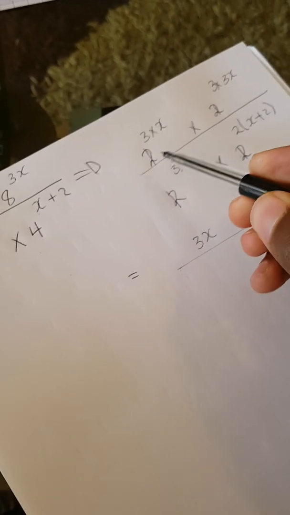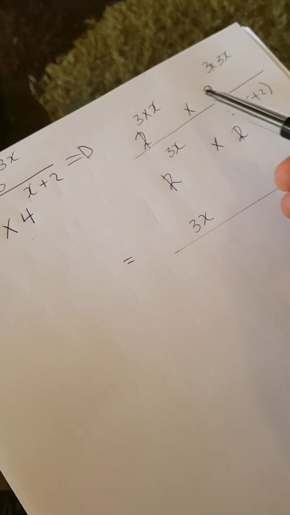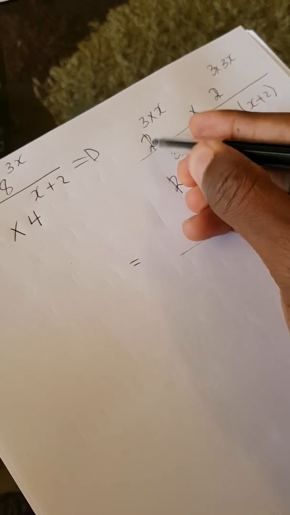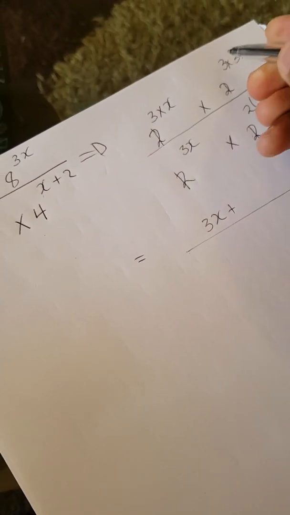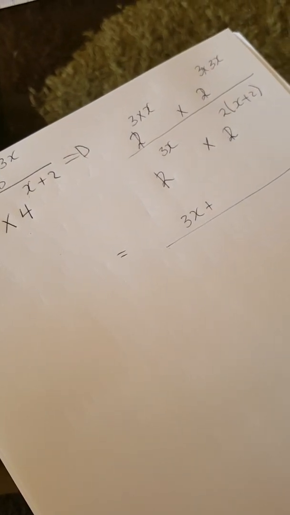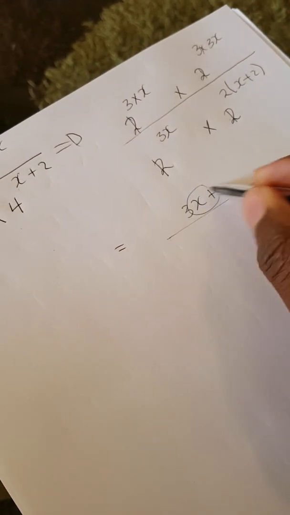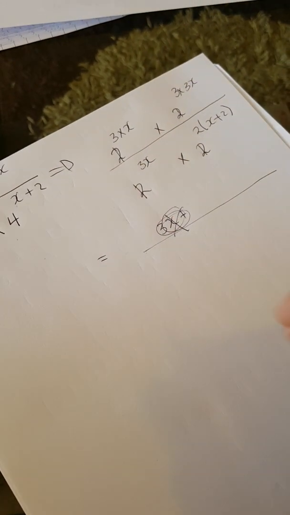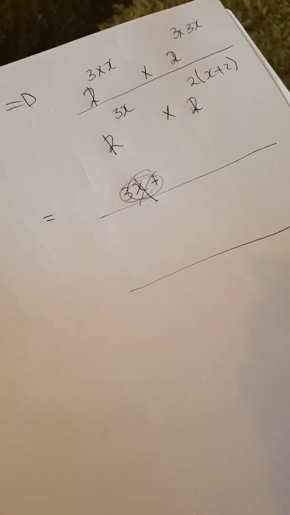So in multiplication, when you have similar bases, what do you do? You add the exponent. So it will be the exponent of this one, which is 3x, plus the exponent of the other one. Okay, or let me do it this way. Forget about this, let me do it this way. Don't want to confuse you guys.